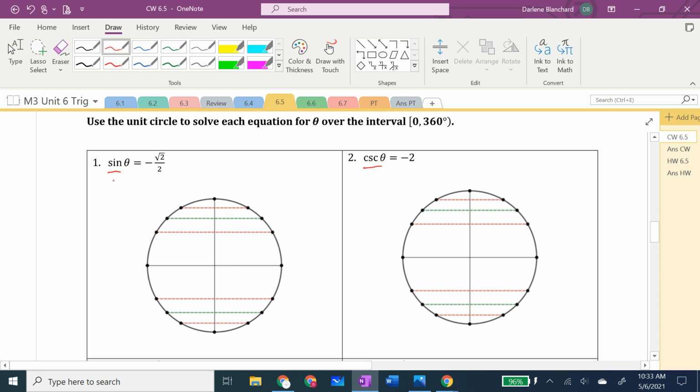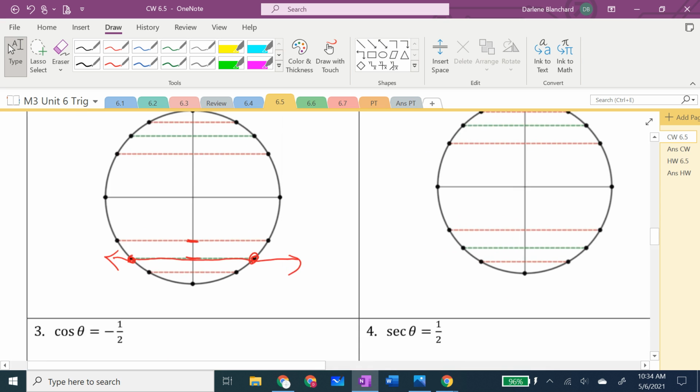And I want to point out that sine represents y. You're actually drawing the line y equals negative root 2 over 2. Along the y-axis, I have negative 1 over 2 and then negative root 2 over 2. So this is the horizontal line that I want to draw.